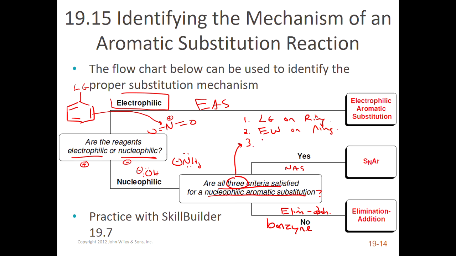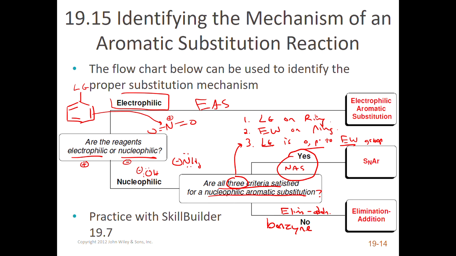And the leaving group has to be ortho or para to the electron withdrawing group. So really, you could summarize that as one criterion. You have to have a leaving group and an electron withdrawing group, and they have to be ortho-para with respect to one another. If that's all true, then the first mechanism we talked about should be correct, and that'd be the mechanism that you would draw.